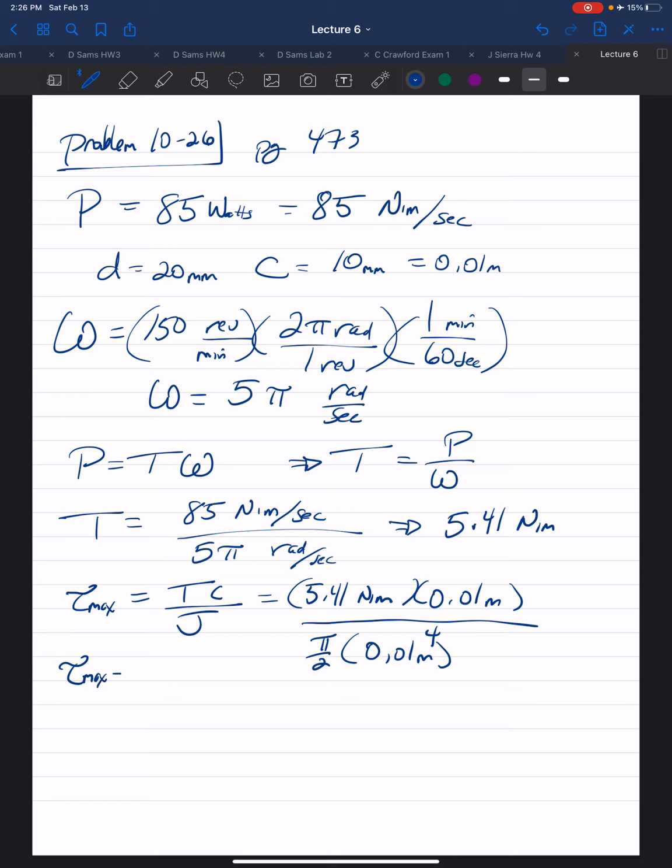So your maximum shear stress is 3.44 times 10 to the 6 newtons per meter squared, which is 3.44 megapascals.